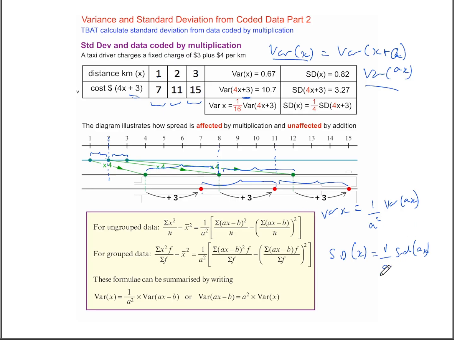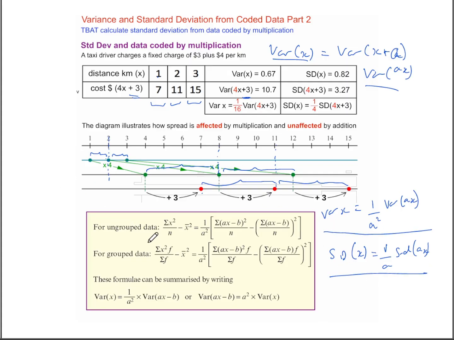And that's why when you are finding the standard deviation of the original data in comparison to the standard deviation of the coded data with multiplication, you will just divide by a, because this 4 space difference, just divided by 4 to get that 1 space difference, because standard deviation is what is actually showing. Variance is the square of that, which we use to make it positive, if you remember. And so that's the relationship between these two.